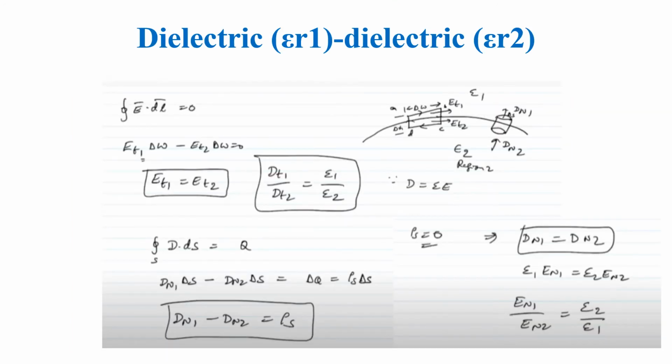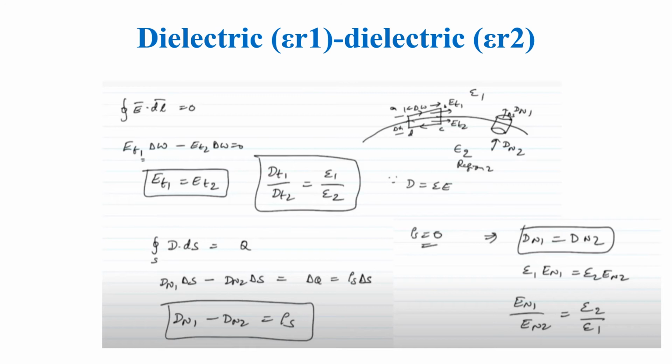Now let us discuss the boundary of a dielectric and another dielectric. So two dielectrics are separated at a boundary. So how the electric field and D value deviations or variations occur at this boundary between two different types of dielectric. We already discussed about the boundary between conductor free space, conductor dielectric.